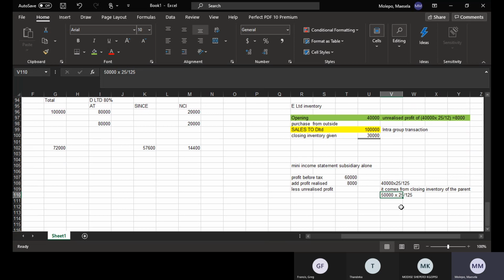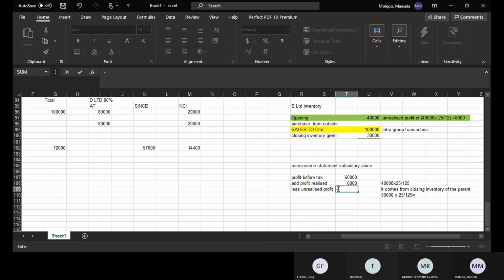Then we have 50,000 times 25 divided by 125, which equals 10,000. So we say this 10,000 must be deducted. This one we add.